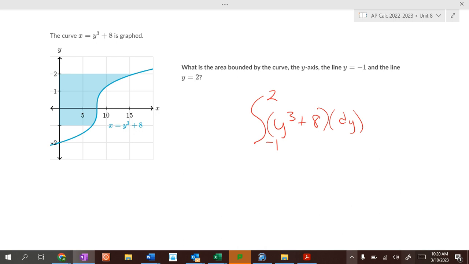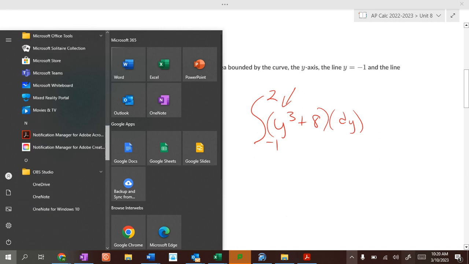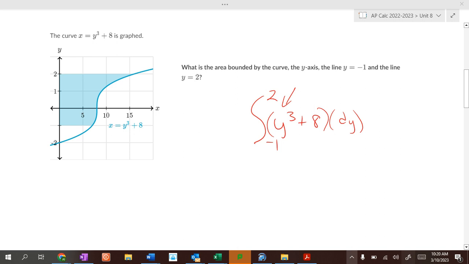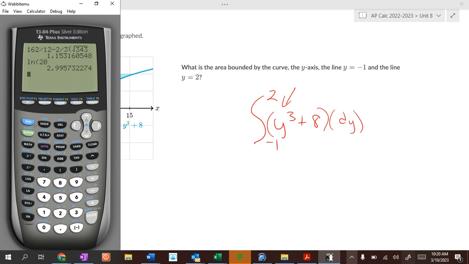Now, can your calculator do this for you? Yeah. Just make these x's instead of y's and it'll work. So on our graphing calculator, if we go math, and then I do up arrow to get there quicker. No, it's the integration.